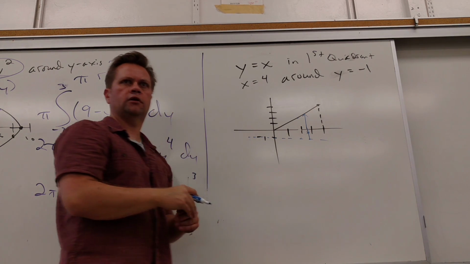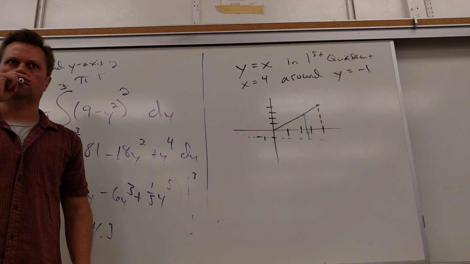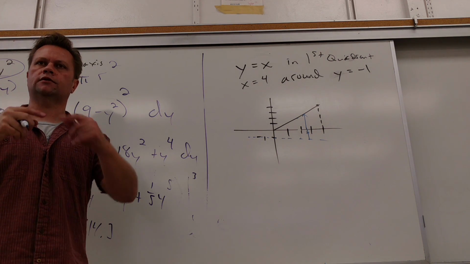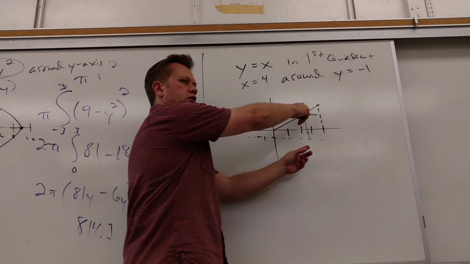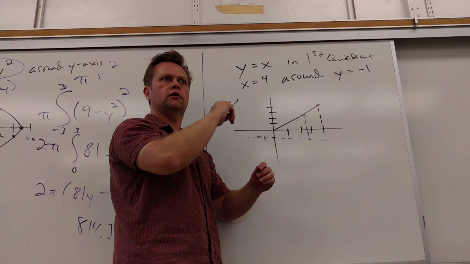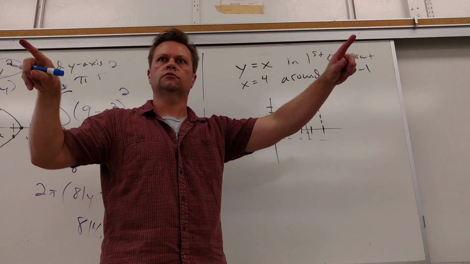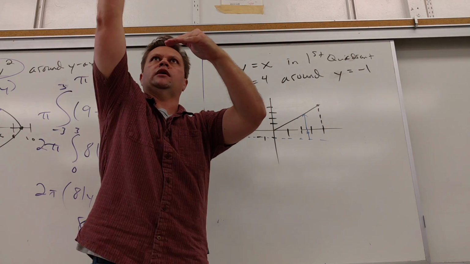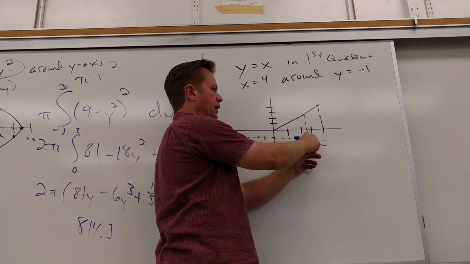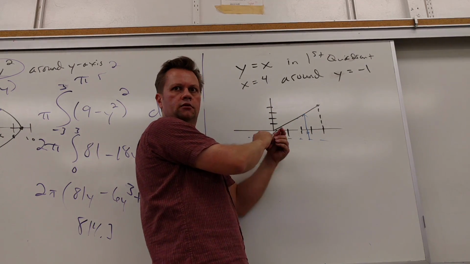Let me let you absorb that. Let me let that sink in. So the radius is always how far the outer edge is from your axis of rotation. So why was it easier earlier? Because I was always going from the 0. So it's going to be whatever that is, minus 0. Now it's going to be whatever that is, minus negative 1.